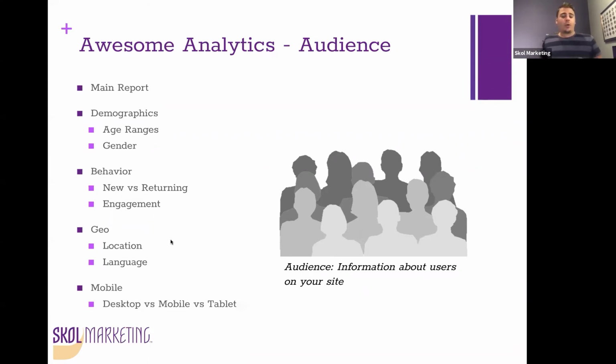So with location, we can start to pare it down to where we want to look. You can pare it down from continent to country to state to city, which is really nice. Also, as we alluded to before, remember, any of these we can compare to each other. With demographics, we can compare the different age ranges to each other.